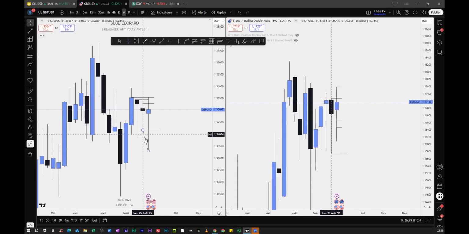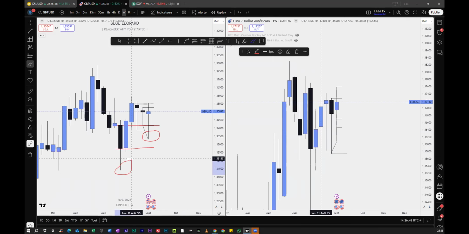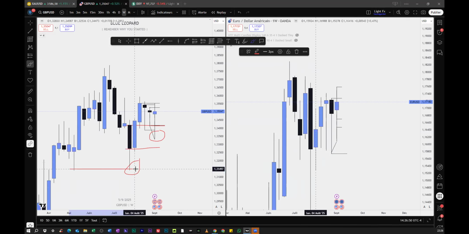The previous week, the last week, I mean the one that's ended, has swept on Euro USD. So I know Euro USD has no chance to come lower. And also this engulfment here, after this sweep, creating this double bottom, that will be a target later. But for now, I expect price to come here.